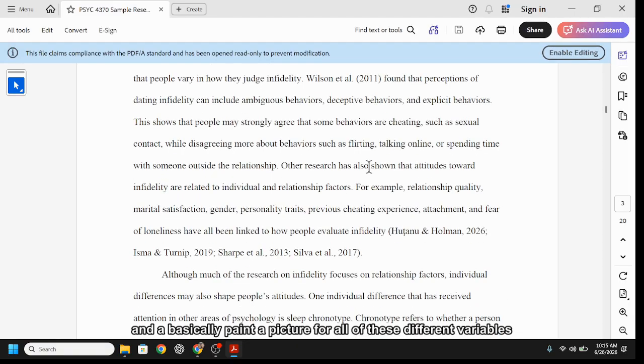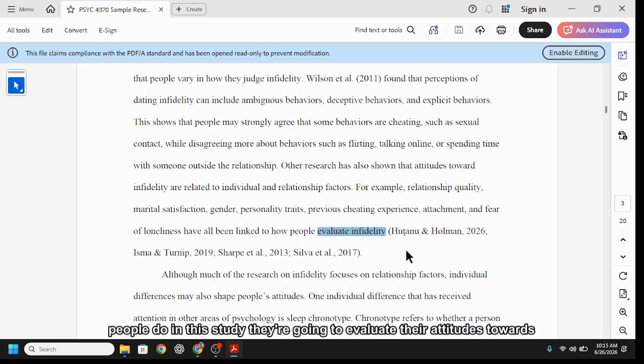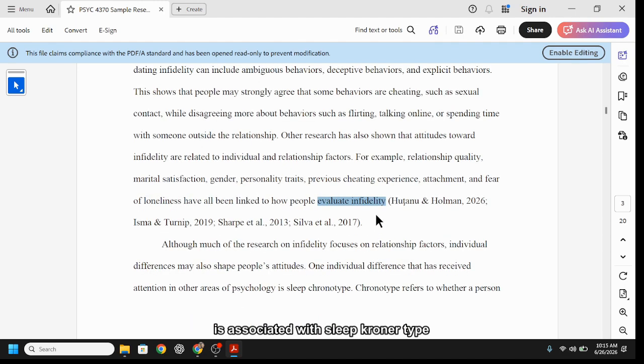And I basically paint a picture for all of these different variables that have been linked to how people evaluate infidelity, because that's what I'm having my people do in this study. They're going to evaluate their attitudes towards infidelity. What I'm trying to do is associate it with sleep chronotype.